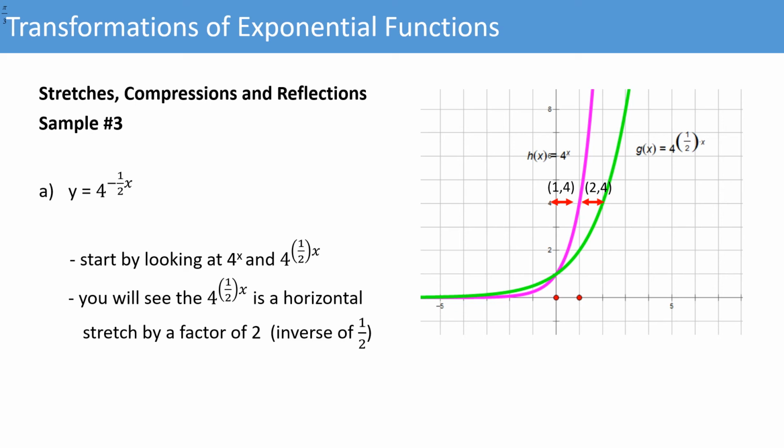And you will see how our graph has moved over, and in fact, it has doubled. So the 1/2 in front has in fact stretched it by a factor of 2, which is the inverse of 1/2. So 4 to the exponent 1/2 x is a horizontal stretch by a factor of 2, which is the inverse of 1/2.